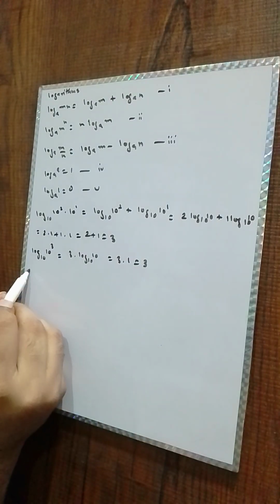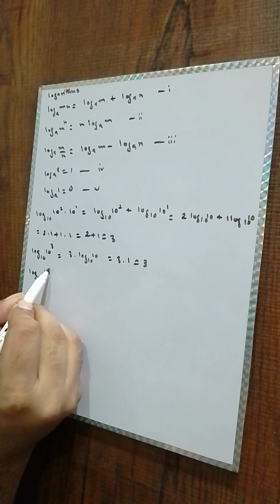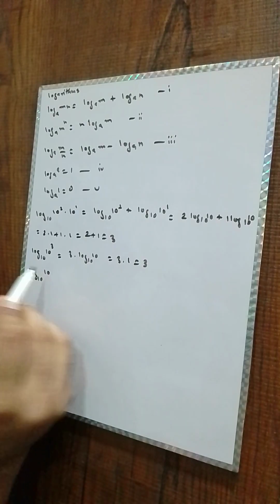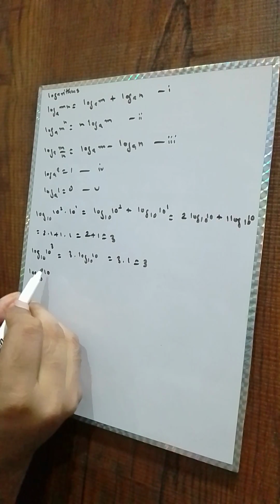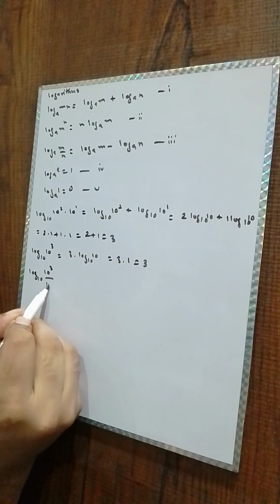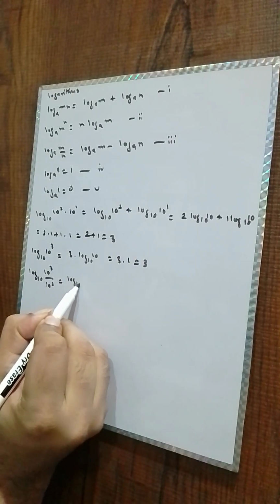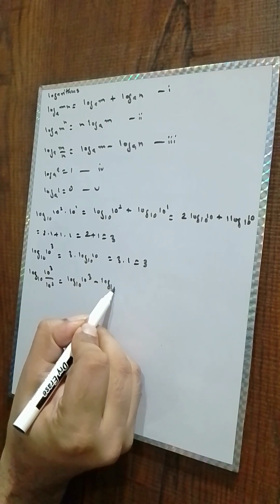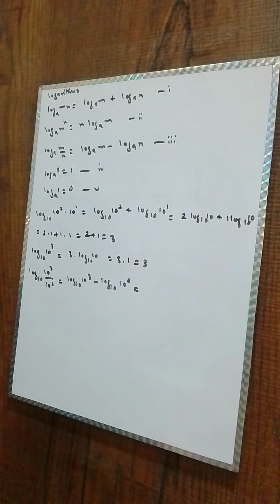Now log base 10 of 10 to the power 3 divided by 10 to the power 2 is equal to log base 10 of 10 to the power 3 minus log base 10 of 10 to the power 2.